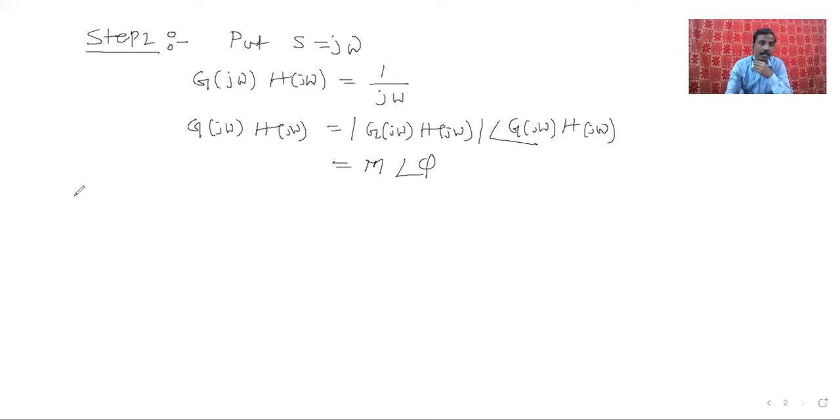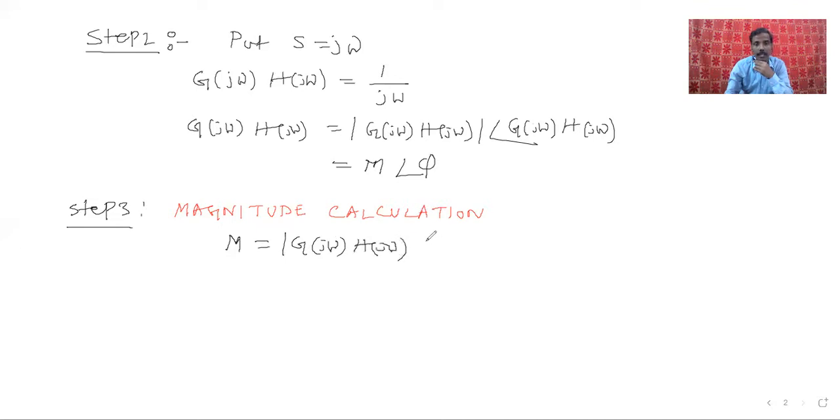Then step 3, magnitude calculation. M equals the mod of G(j omega)H(j omega), which equals the mod of 1 by j omega.